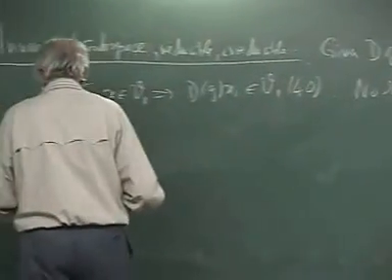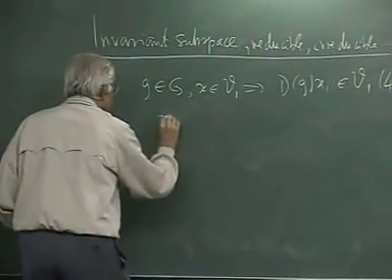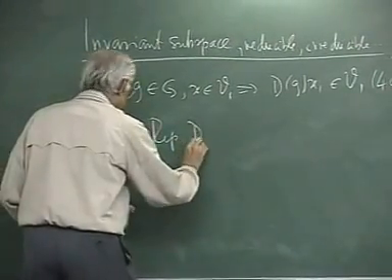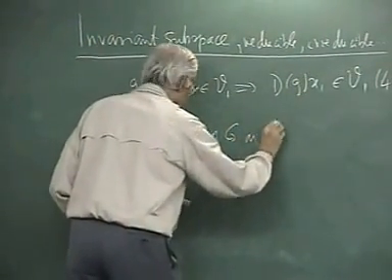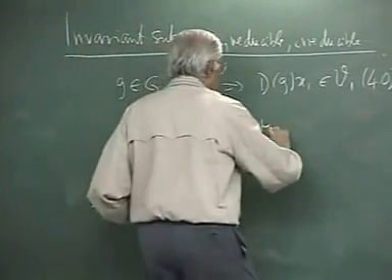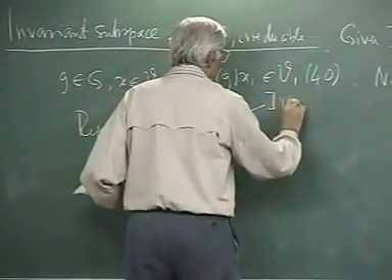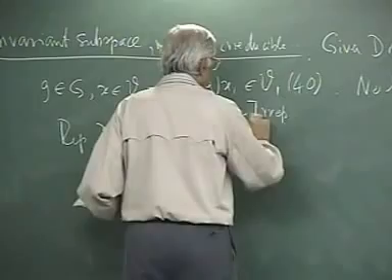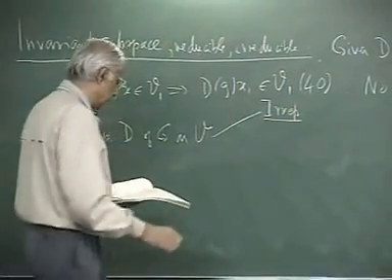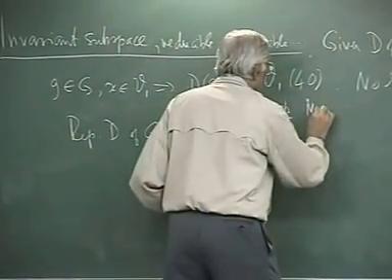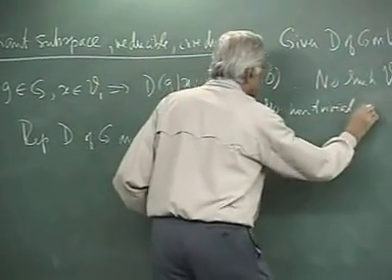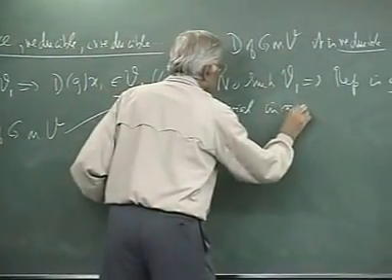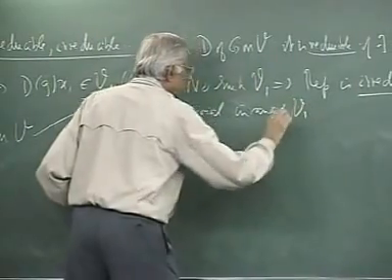So here is the arrangement of ideas. Representation D of G on V. This is our starting point. One thing which may happen is that it is an irreducible representation. What does it mean? No non-trivial invariant subspace V1.